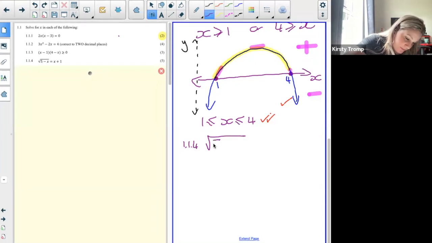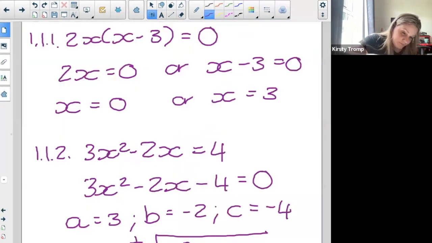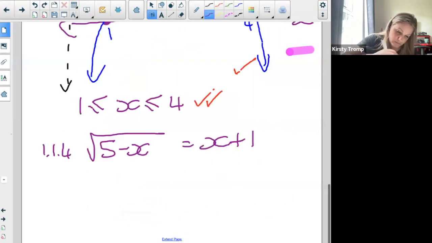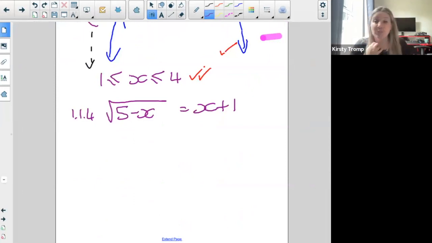Square root of 5 minus x equals x plus 1. Now, I wish that I got to teach the grade 11s every single week, but unfortunately you already have a teacher, and you have the best teacher, I know. So Mr. Hugo and I are the dynamic team that takes the grade 7s every week.